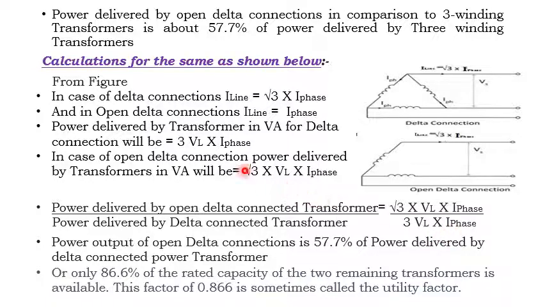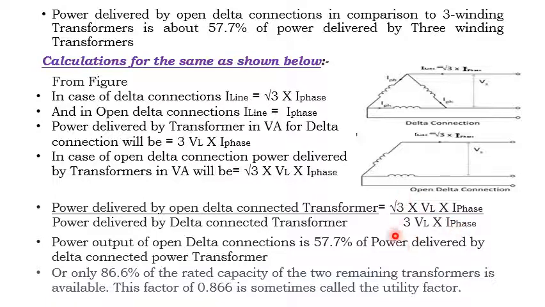Here you can represent the I phase in terms of the line current. So, root 3 VL into I phase divided by 3 VL into I phase, this can be written as root 3 into root 3, one root 3 will get cancelled, VL gets cancelled, I phase gets cancelled, that is 1 divided by root 3.